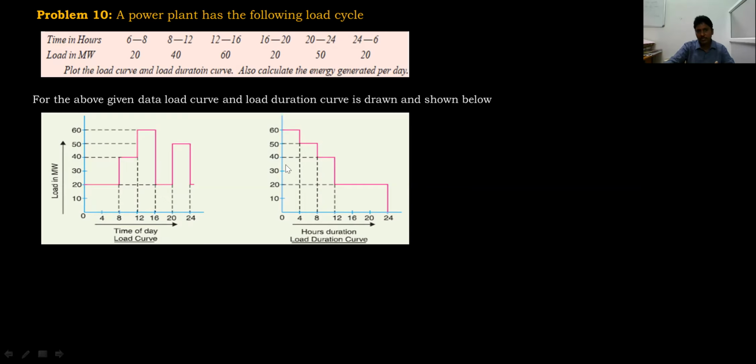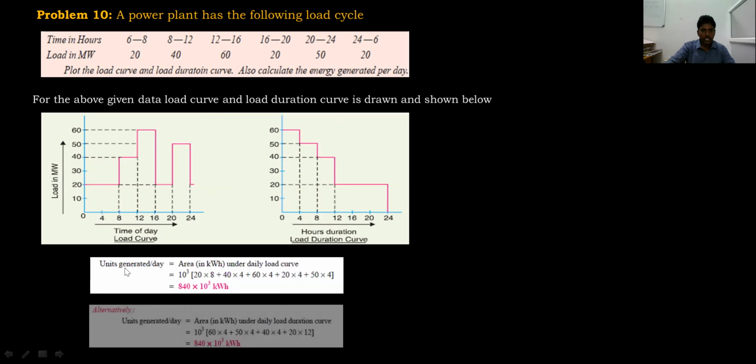If I find the area of the load duration curve, the values will be the same. Units generated per day for the load curve is 840 into 10 power 3 units. In the same way, for the load duration curve, the area is 840 into 10 power 3 kilowatt hours, the same thing, 840 into 10 power 3 units.